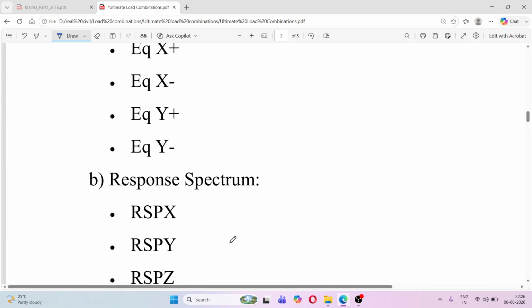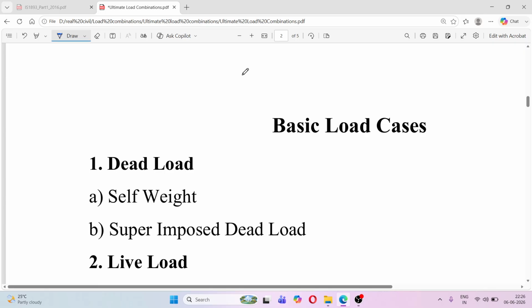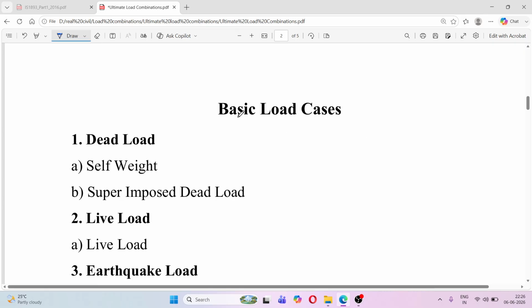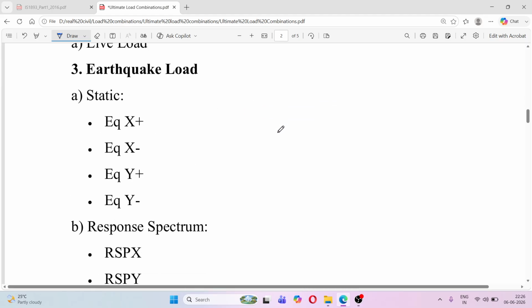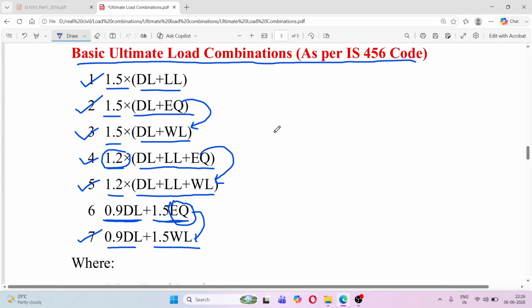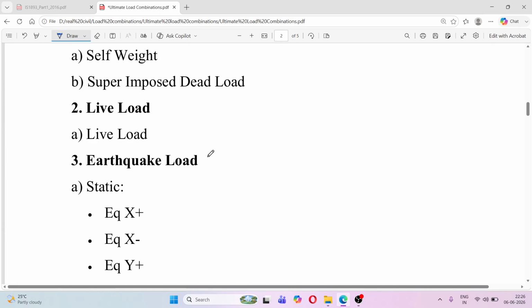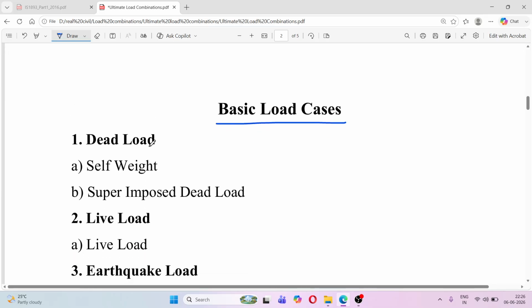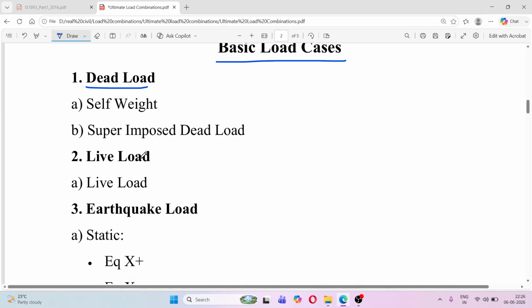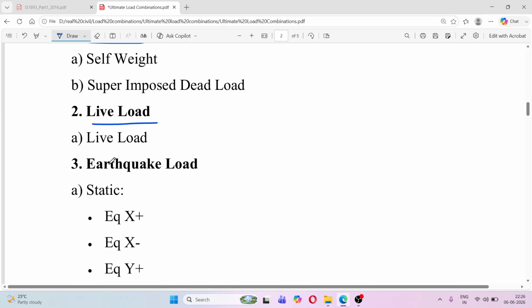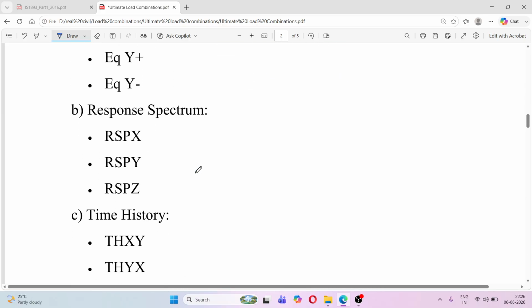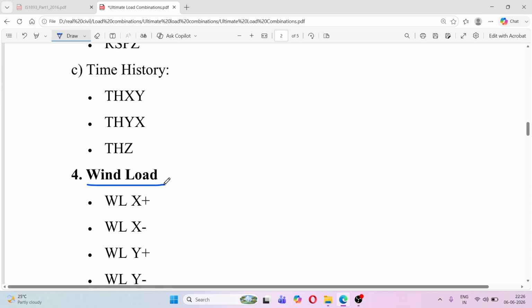In the last lecture I discussed the basic load cases. If you have seen these ultimate load combinations, there is a dead load case, live load case, earthquake case, and wind load case. So there are basically 4 load cases: dead load, live load, earthquake load, and wind load.